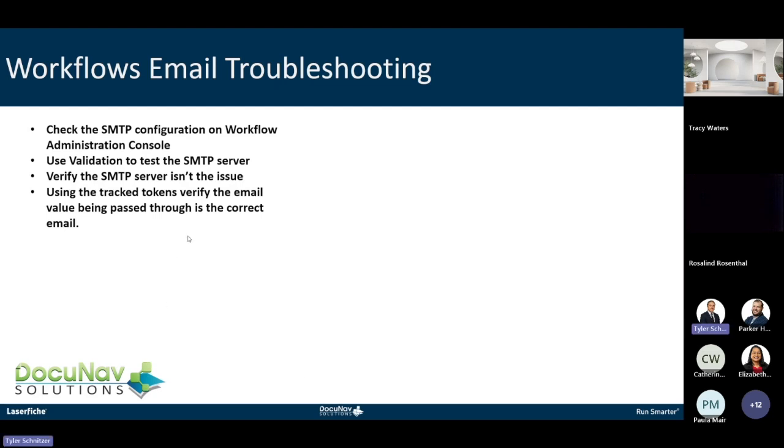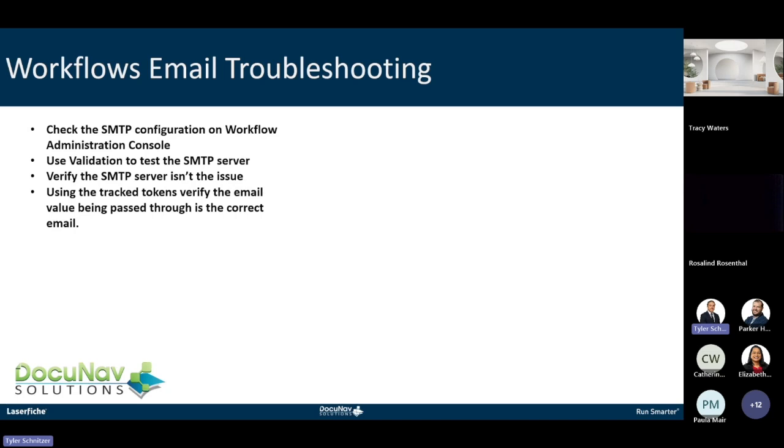Right. So, moving on to workflow email troubleshooting. Workflow can have functionality where it can send emails, reminders, notifications, and whatnot. The way it works, though, it would have to have some sort of SMTP configuration.